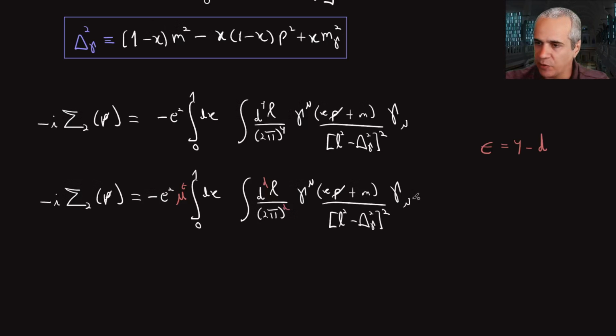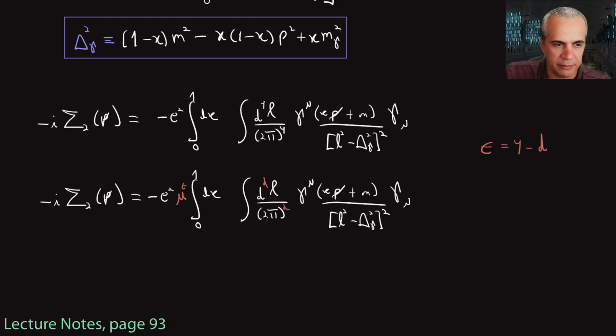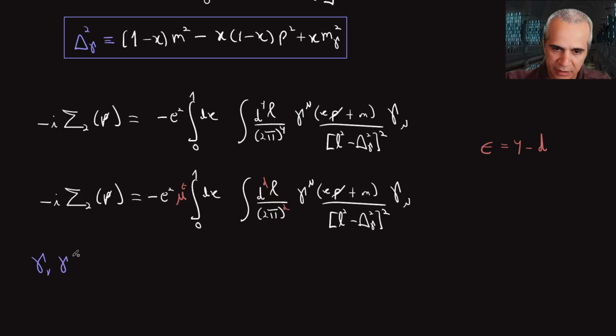And now I have to worry about these Dirac matrices, right? I have shown when we were doing the photon self-energy some relations that were useful when you go away from 4 dimensions. So one of them was just this, that if you take a Dirac matrix between two others that are contracted, which is exactly the situation going on here, right? With this p slash, there's a gamma hidden in here between these two which are contracted, right?